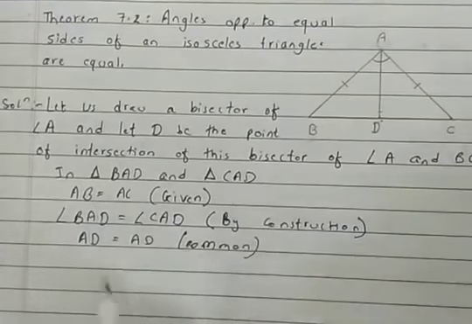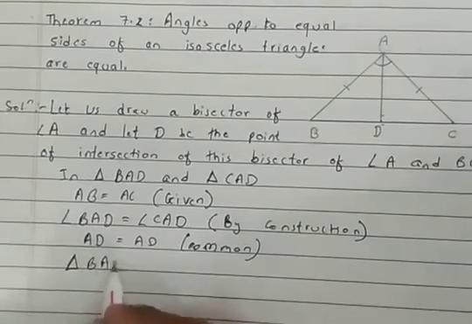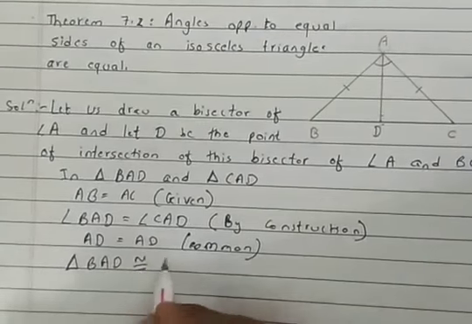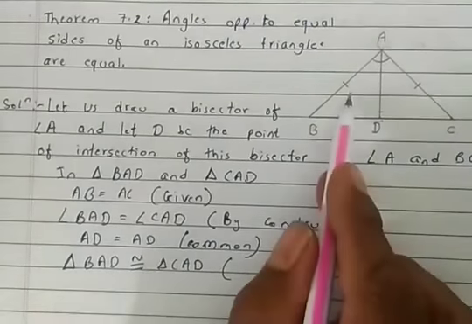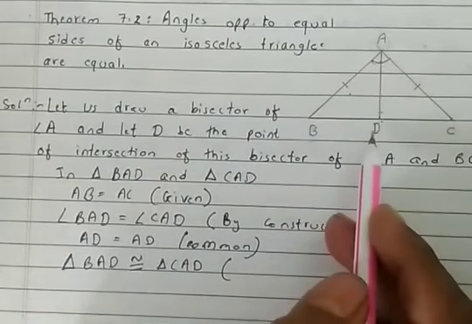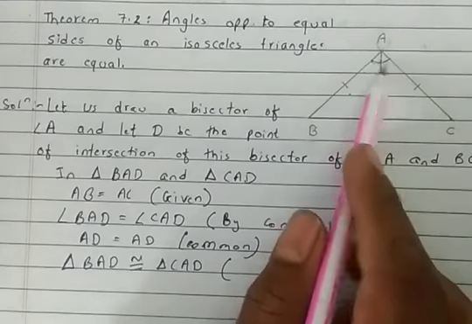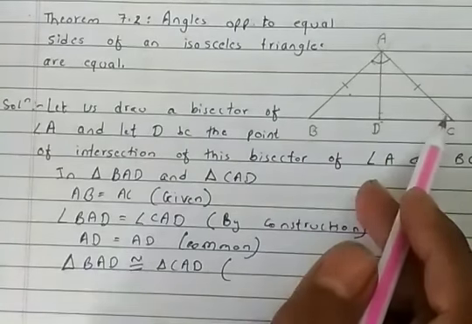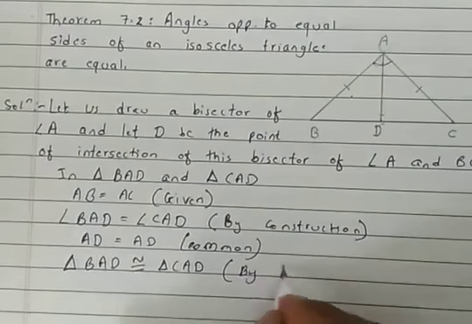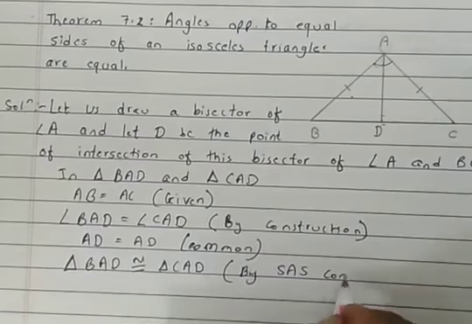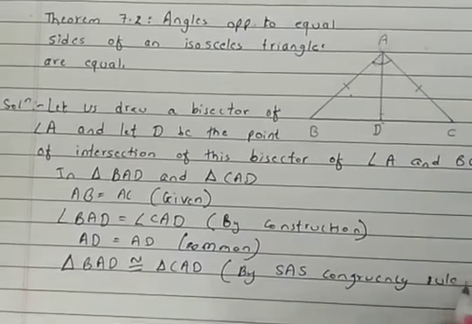Now you can prove that triangle BAD is congruent to triangle CAD by which rule? Side, angle and side rule, right? This is common, and AB is equal to AC is given, right? So we can write it down by side, angle, side congruency rule.